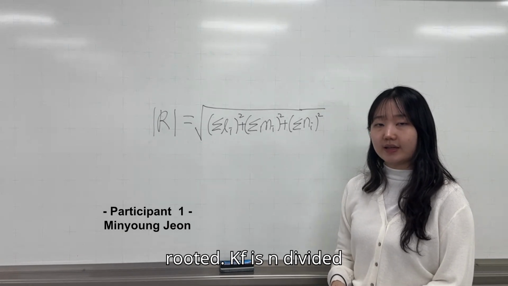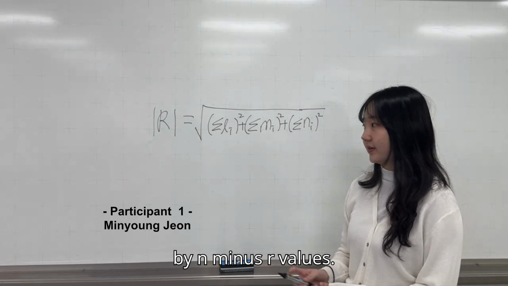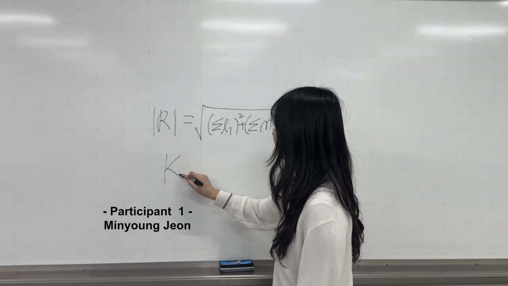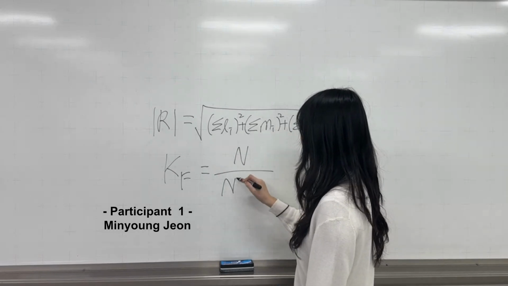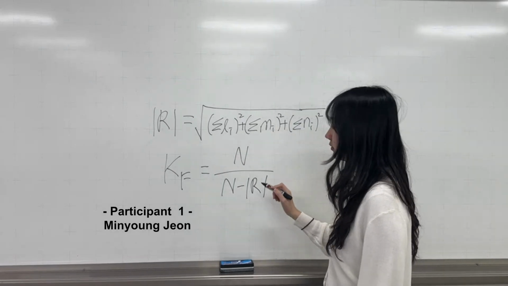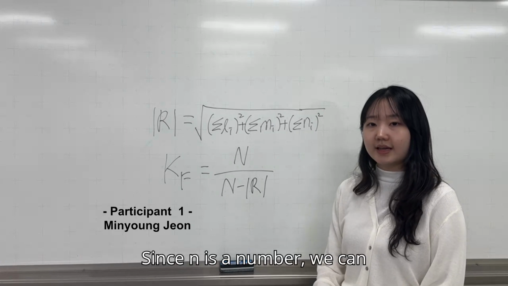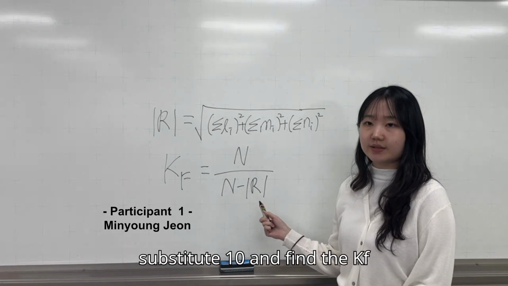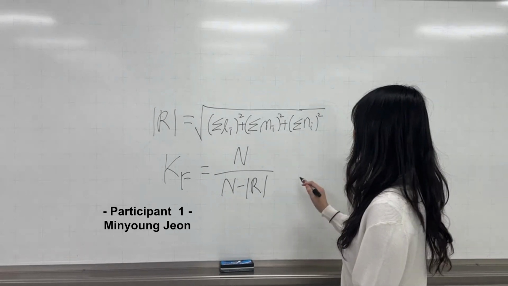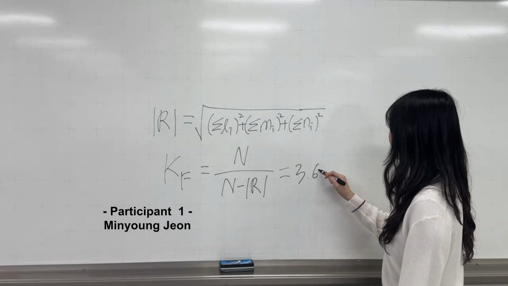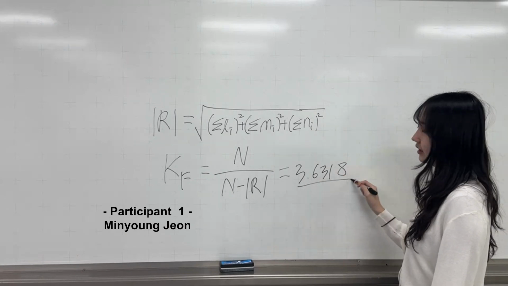Kf is N divided by N minus R. Since N is a number, we can substitute 10 and find the Kf has a value of this.